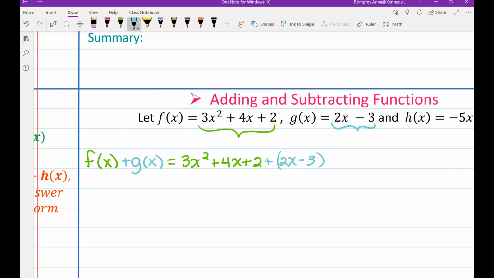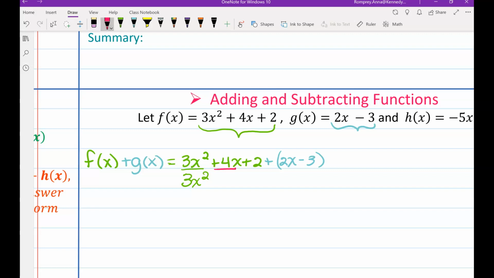Okay, so when we add these, how do we add this? I have two polynomials, so how do I add two polynomials? Well, let's see if there's any like terms that we can actually combine. So I start off with 3x squared. Are there any other x squareds? I got an x, I got a constant, I got an x, I got a constant, so nope, I don't see any. So 3x squared, sorry dude, you're all by yourself. Now how about x's?